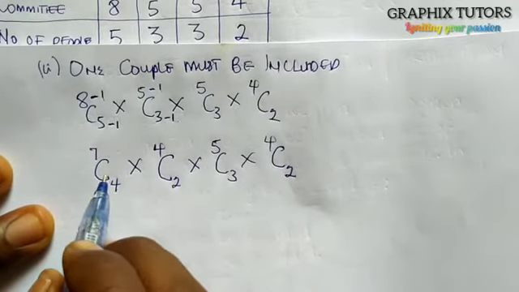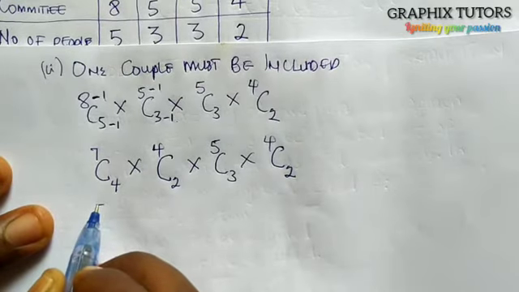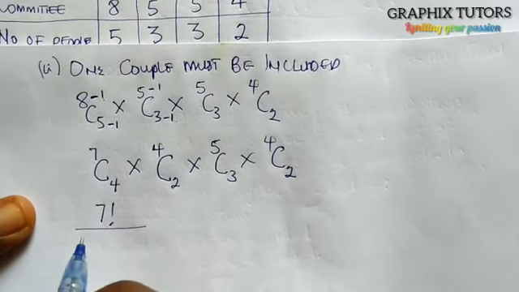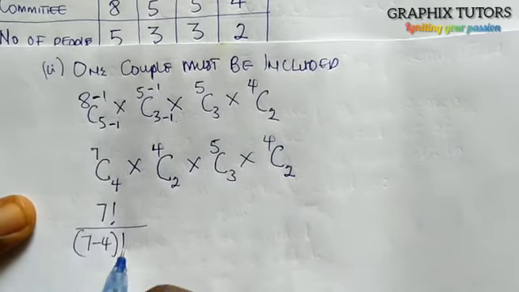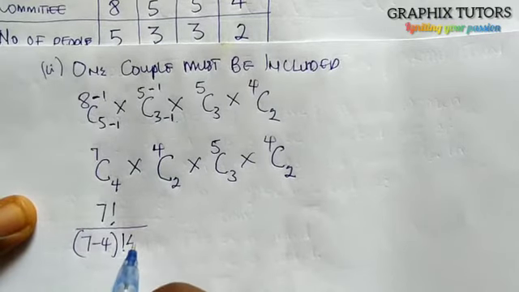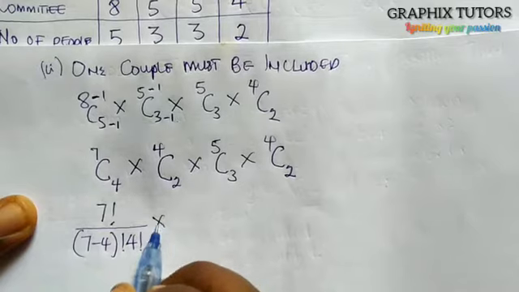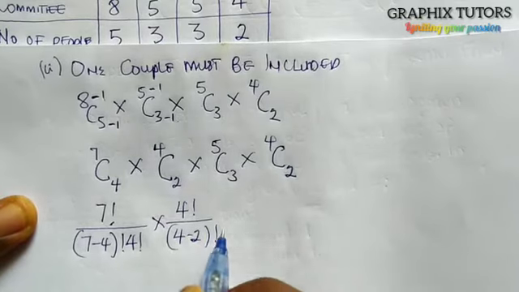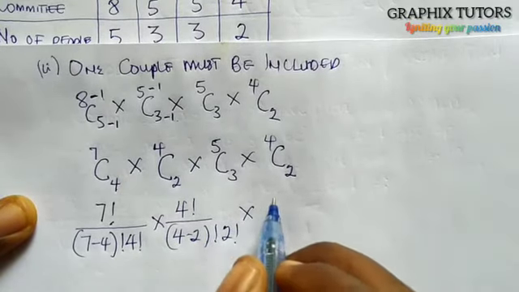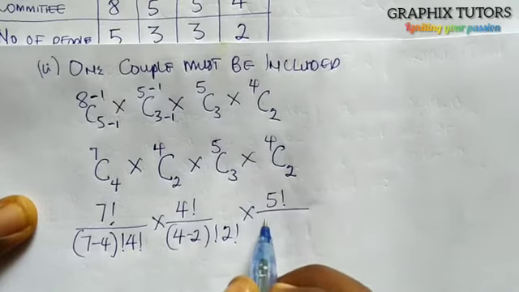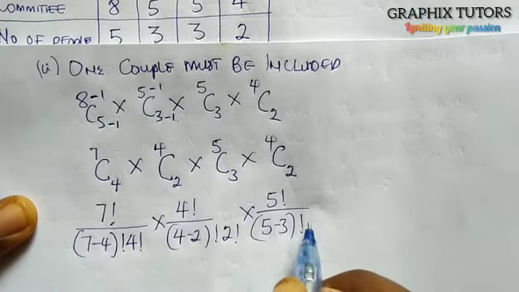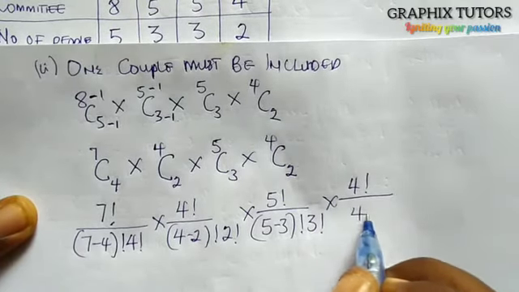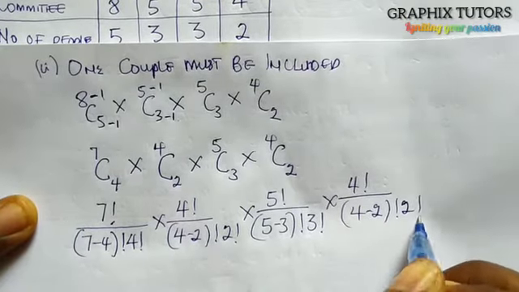In doing that, if you break this down, just like our formula suggested, we have 7 factorial all over 7 minus 4 factorial, 4 factorial, times 4 factorial all over 4 minus 2 factorial, 2 factorial, multiplied by 5 factorial all over 5 minus 3 factorial, 3 factorial, multiplied by 4 factorial all over 4 minus 2 factorial, 2 factorial, right?